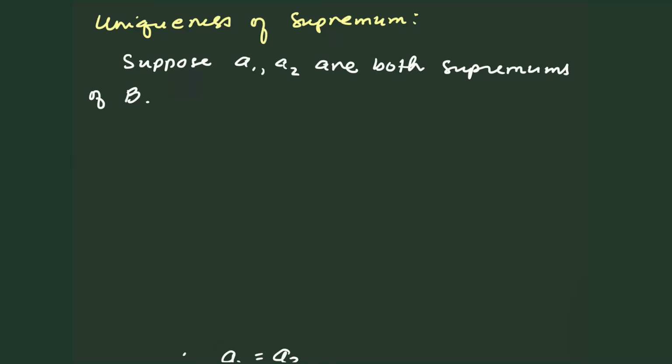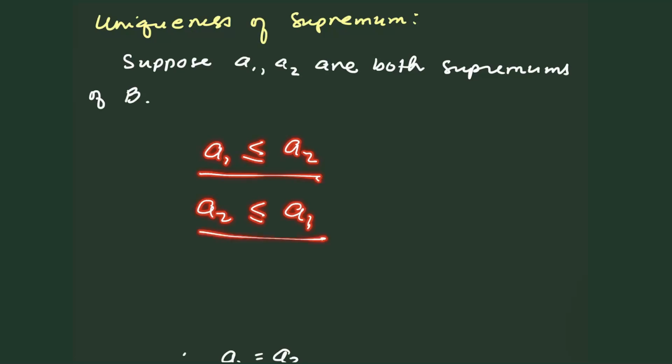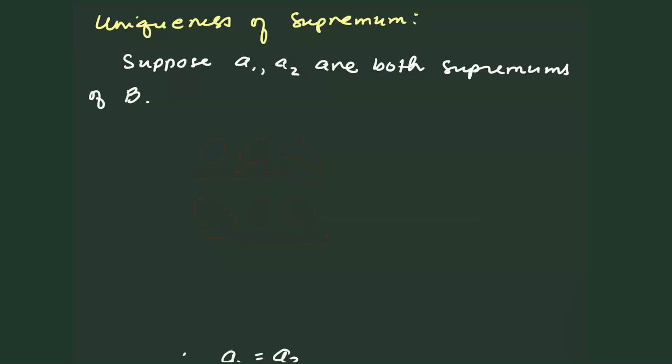Our key here, the underlying principle, would be the anti-symmetry of our partial order relation. Meaning to say, we want to end up with A1 related to A2 and A2 related to A1, because by anti-symmetry, they must be equal.